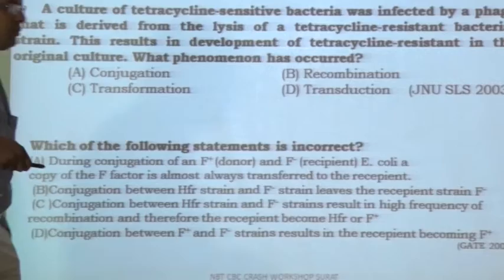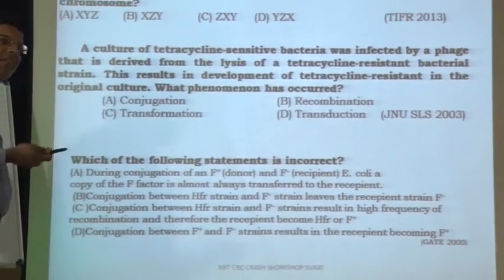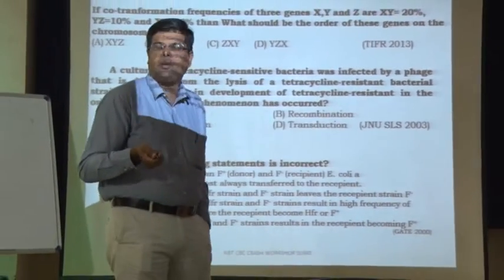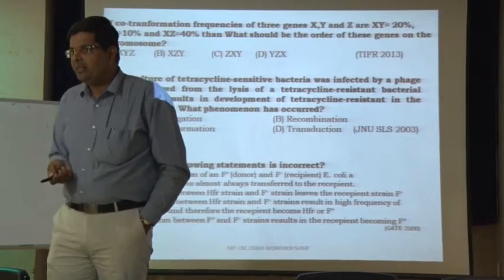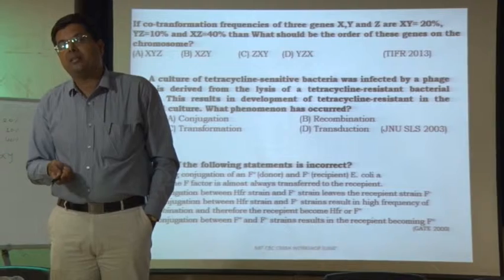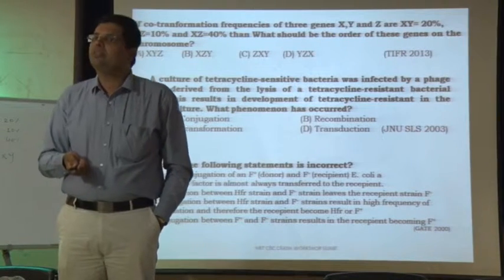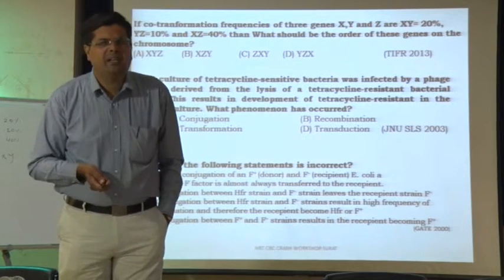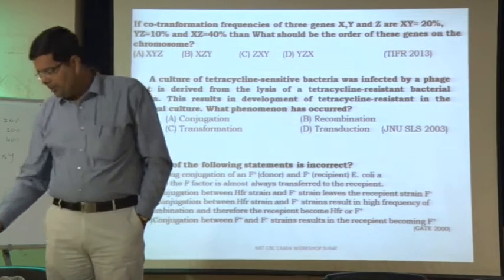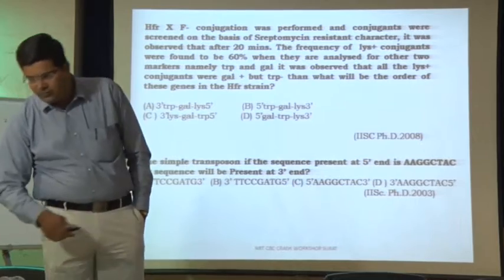This is also correct. So the incorrect statement is C. Why it is not possible? Because it is not possible to transfer the entire chromosomal DNA into the recipient cell F minus, and because of that reason it will remain F minus only. जैसा मैंने आपको पहले बताया, it will not get converted into the F plus cells.